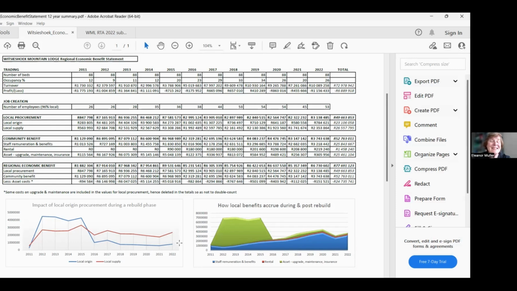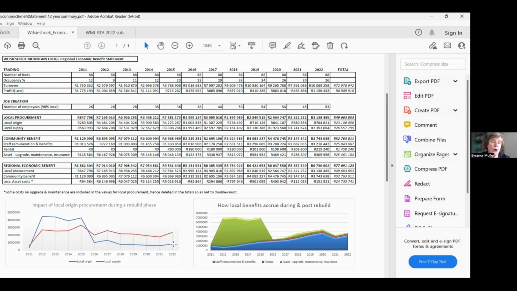And in this instance, as I admitted in the report, it's going in the wrong direction. This is the consequence of post-COVID. We have lost a certain amount of local supply capacity in the area that we're working in with Witsieshoek, and it is a management focus of ours going into next year to change that trend, because there isn't enough development of local origin.